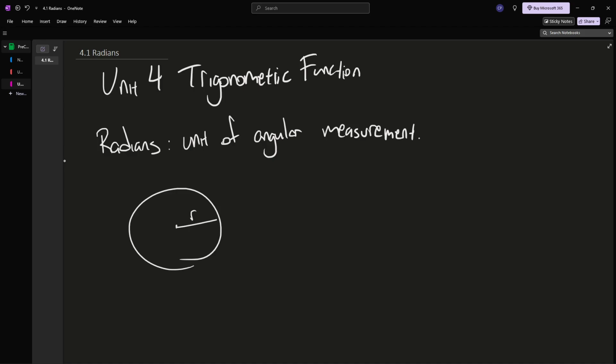One main property was the circumference, and it's found using this formula, 2 pi r. The circumference of a circle, no matter how big or small, is always 2 pi times the radius. It's always in ratio with the radius. I always need 2 pi of them to go around the whole circle.